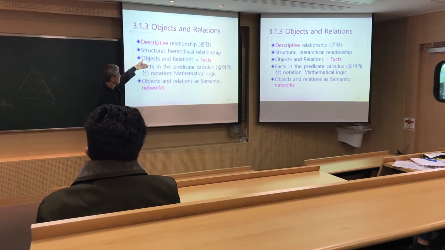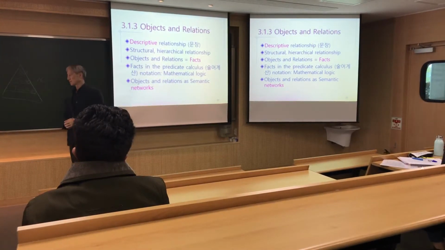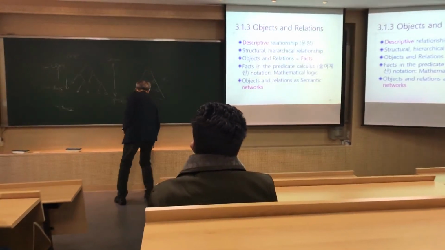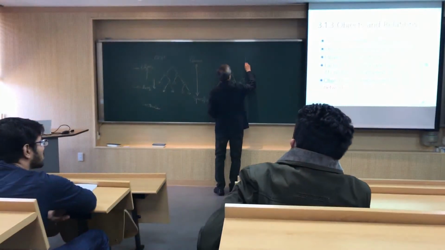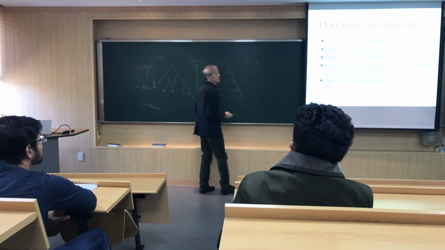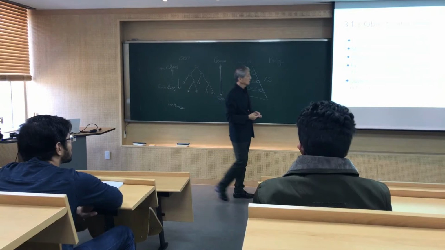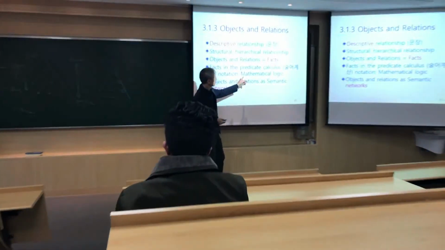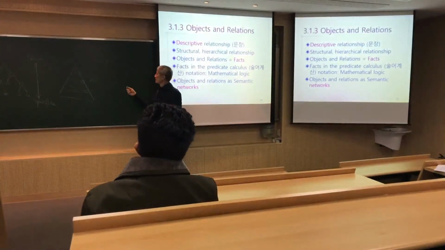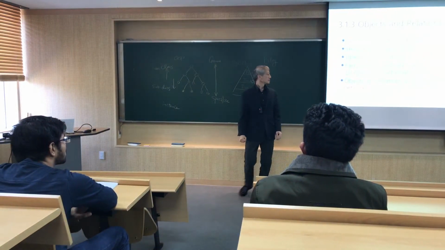And fact in mathematical predicate calculus is mathematical logic, object relation and semantic. Prolog, I already told you once, is a programming language for AI, and still working. They come from this mathematical logic.